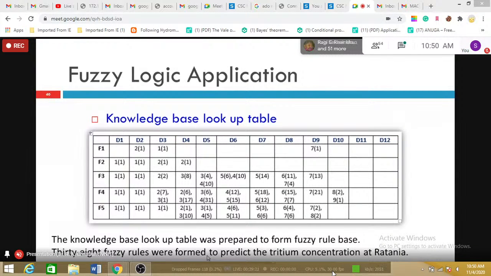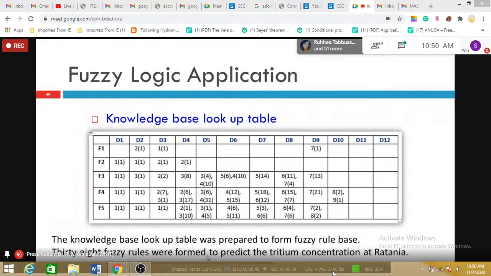So remember one thing, when you are working with the rule base, when you are working with mathematical tools like MATLAB, you need to be very cautious as to what rules need to be applied and what rules to be eliminated.